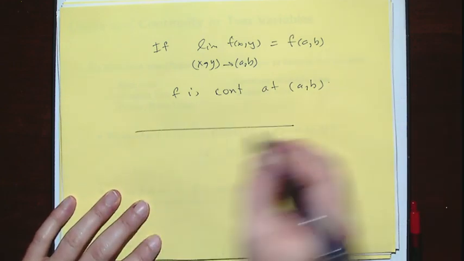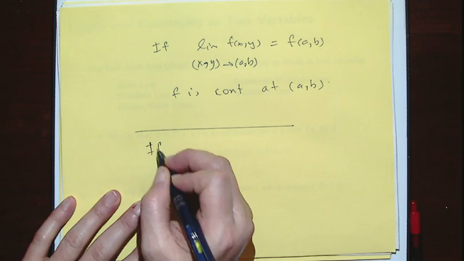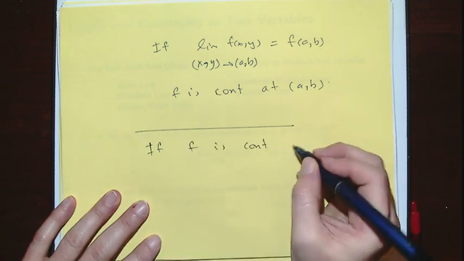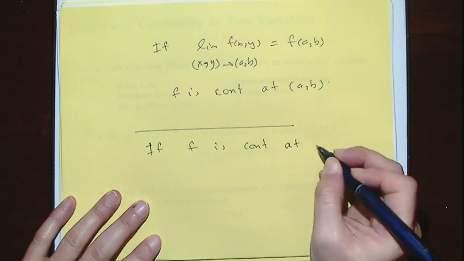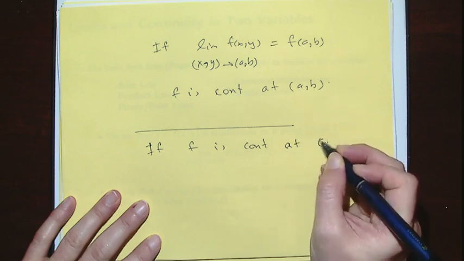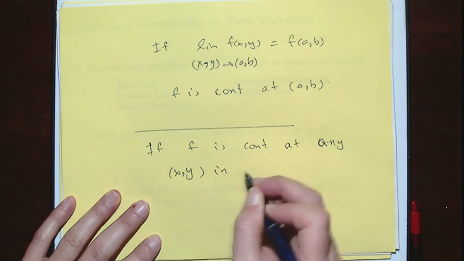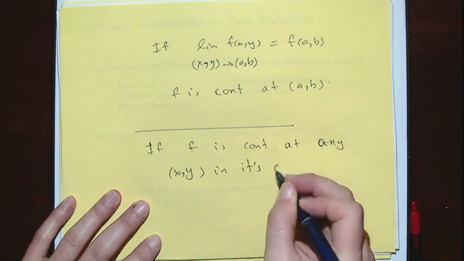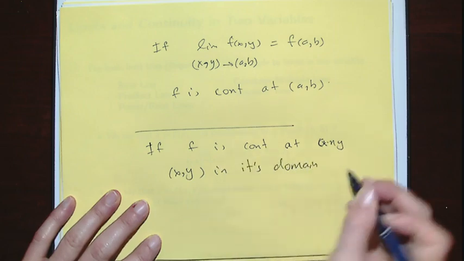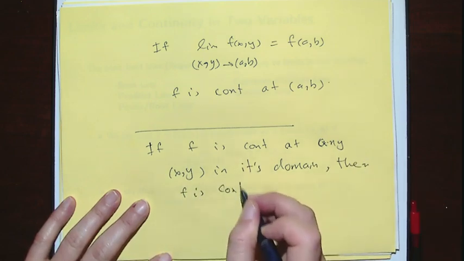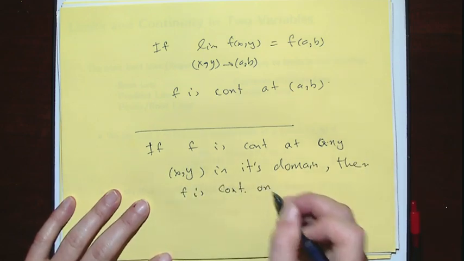The second is that if f is continuous at any x and y in its domain, then f is continuous on its domain.